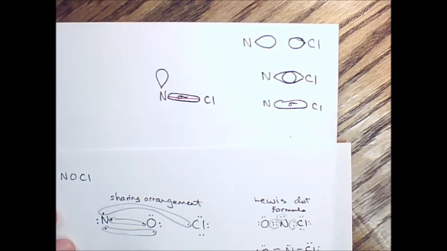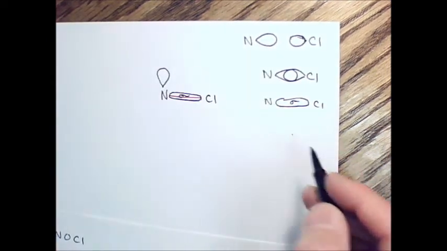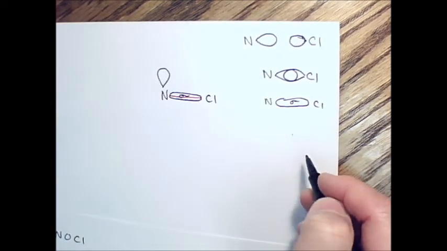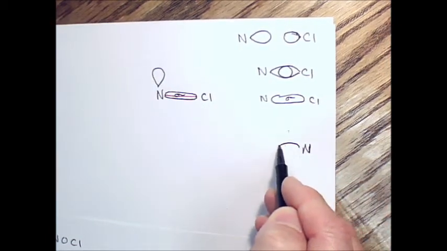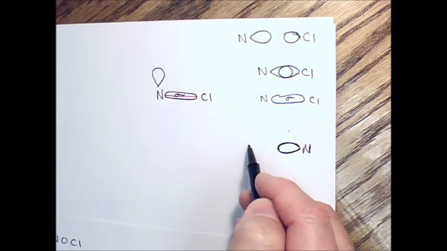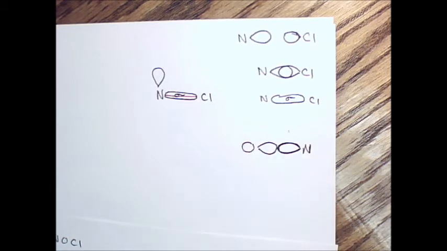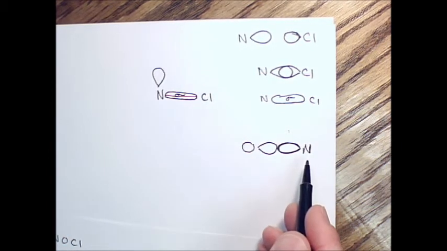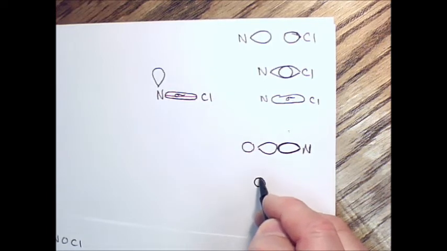All right. Now let's look at what happens between the nitrogen and the oxygen. I'm going to stay over here a little bit to show that. Here's our nitrogen. Our nitrogen's got one hybridized orbital coming out like this, and the oxygen's got a hybridized orbital coming out like that, and they're going to overlap to form a sigma bond.